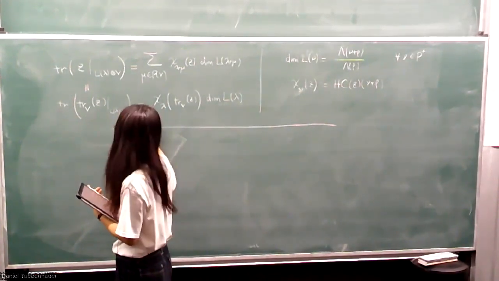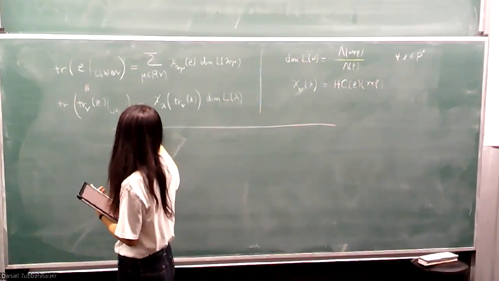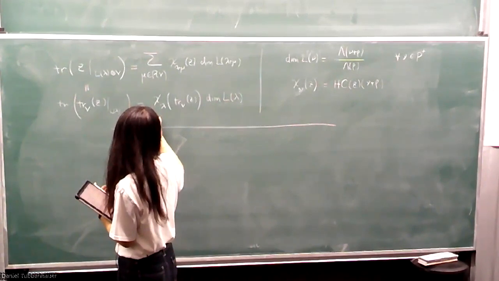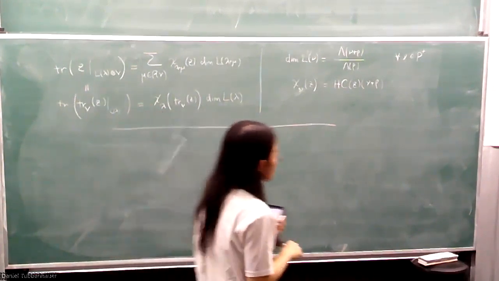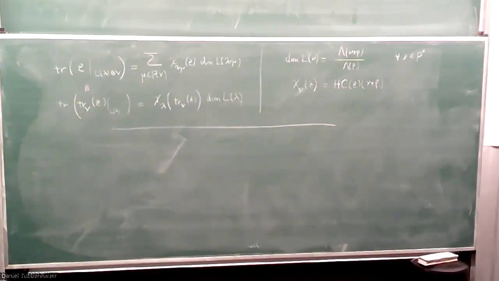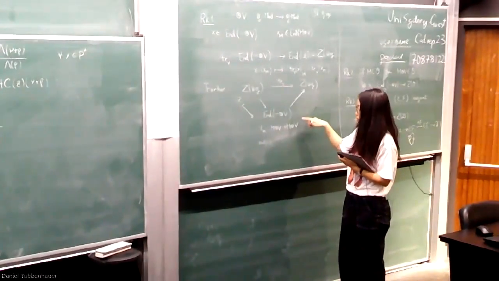No, trace V of V is just an element in the center. It's the image of this in the center. This doesn't depend on lambda. Okay, and then I evaluate the action of this.